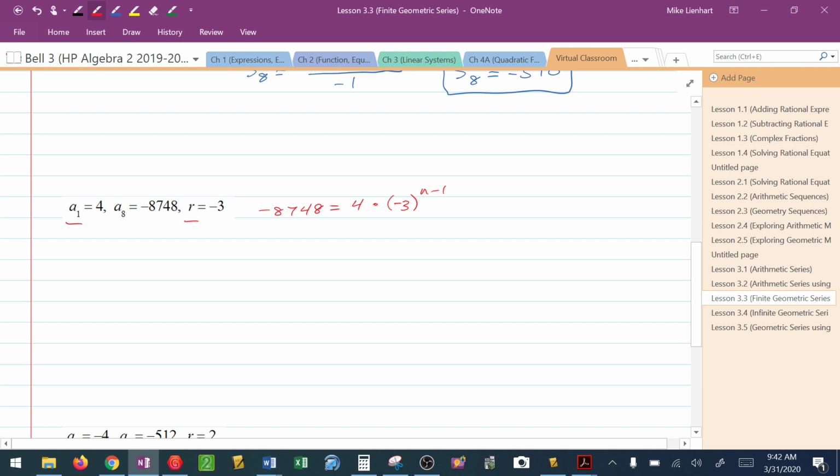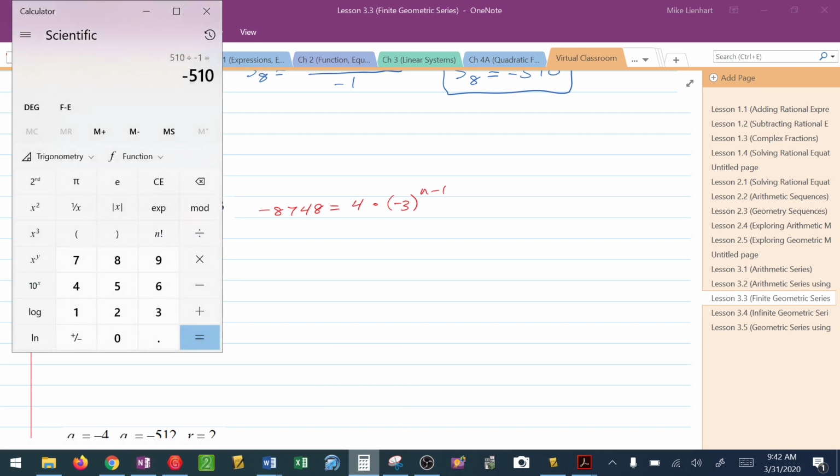Remember, I thought that n was 8. Let's just make sure it is. I'm going to grab my calculator, take 8748, make that negative, and divide that by 4. That gives me negative 2187.